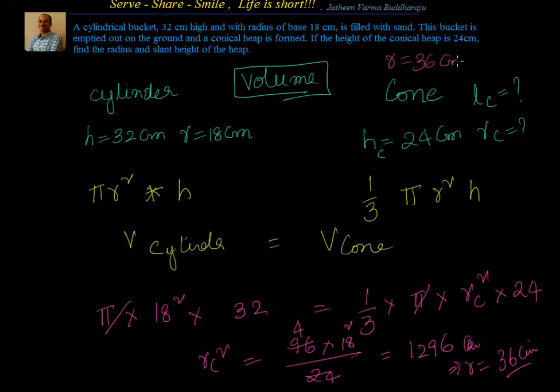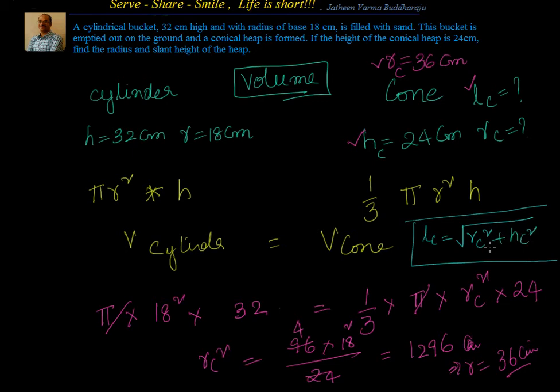Now can you find out the slant height? If you know the RC, you know the HC, can you find out LC? How to do that? We have a simple formula for that. Let me write it down here. LC equal to square root of RC square plus HC square. Because how the cone looks like?